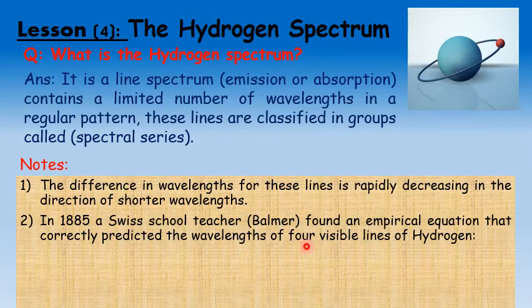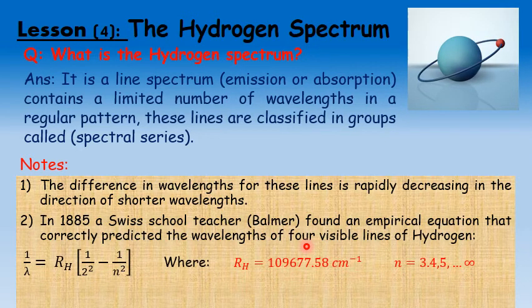Which equation exactly? This is the equation. 1 over lambda equals RH, and we have brackets here, multiplied by 1 over 2 squared minus 1 over n squared.